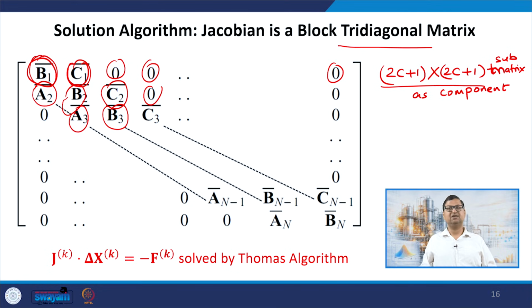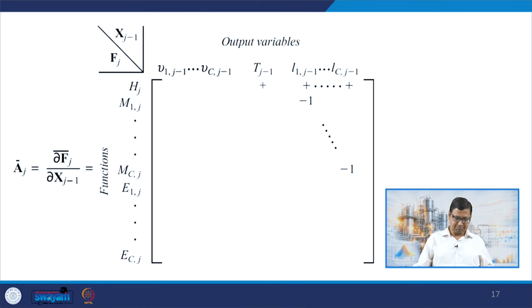So, what we see here is a block tridiagonal matrix as opposed to a tridiagonal matrix, which again we can solve using the Thomas algorithm. We discussed this when we did the numerical methods of solving equations, how we can extend the Thomas algorithm for a tridiagonal matrix to block tridiagonal matrices. And just to demonstrate how this matrix looks, it is a sparse matrix. It contains very few non-zero terms.